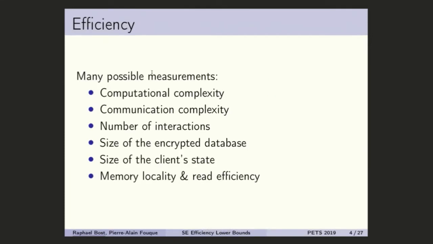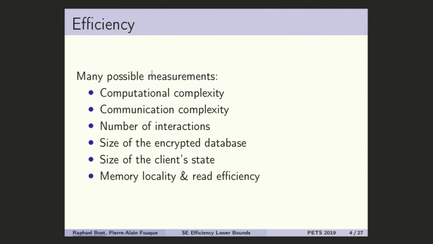So first, what do we mean by efficiency? You have many different measures that you can take to state that something is efficient. You can look at the computational complexity, the communication, the number of interactions between a client and a server.